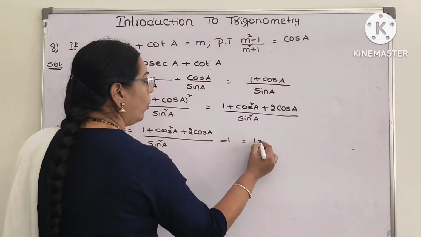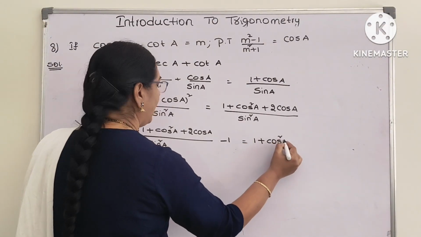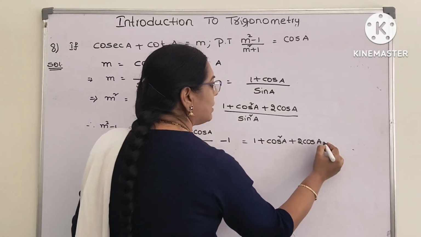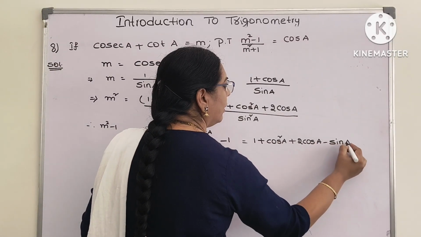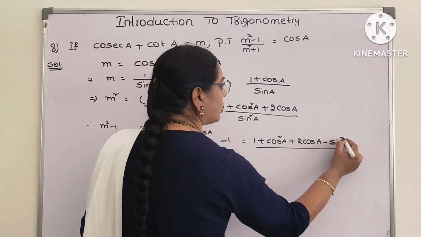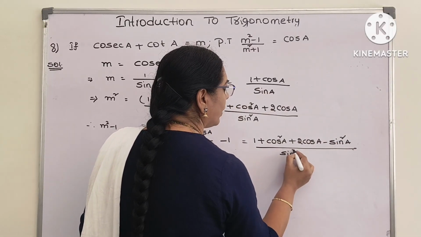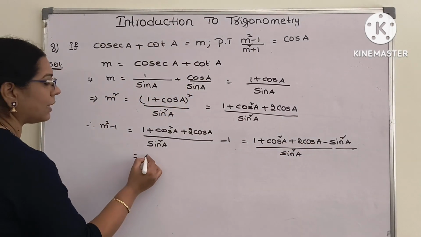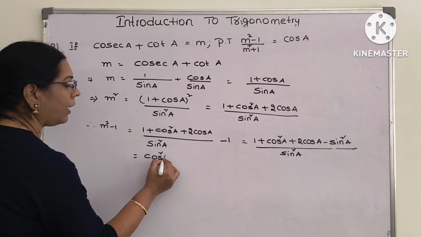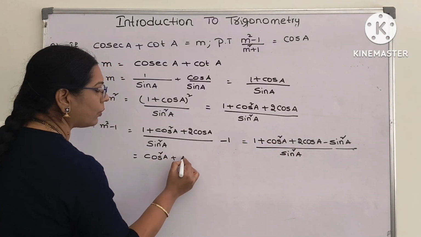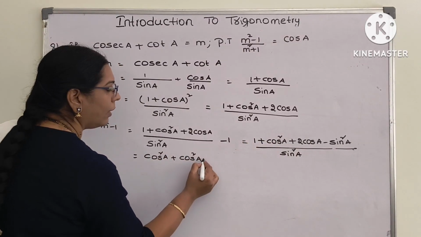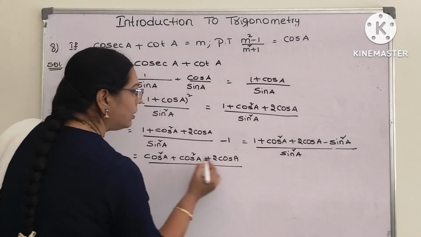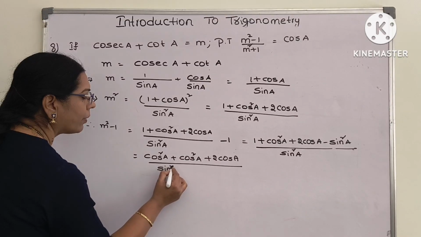So it would become 1 plus cos square A plus 2 cos A minus sin square A, divided by sin square A. Now see, 1 minus sin square A. What is 1 minus sin square A? It is cos square A. And then I have one more cos square A. Cos square A plus 2 cos A, divided by sin square A.